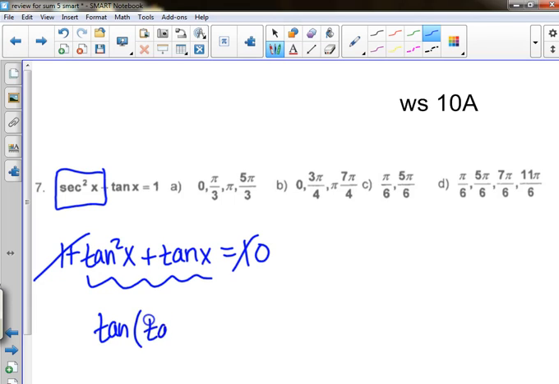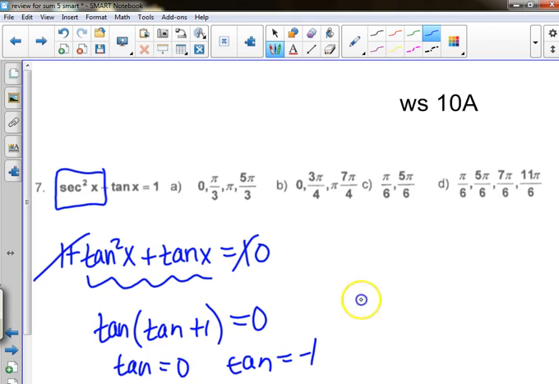Can I take out a tangent? So I have where the tangent is 0 or the tangent is negative 1. Where's the tangent 0? Zero and pi, and where's the tangent negative 1? Negative square root of 2 over 2 and positive square root of 2 over 2, 3 pi over 4.